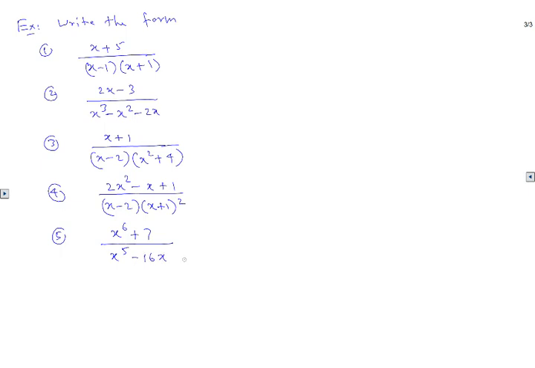You might need to do long division here. And also number 6, let's do x cubed minus x over x plus 2. So you can try these problems as practice, and try to write the forms of these.